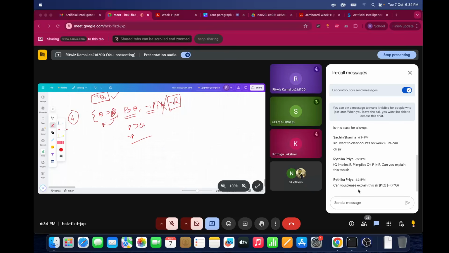Usually you would first substitute x with a. So first you will write P(a) implies Q(a), and then P(a) will be used in modus ponens to give us Q(a). So it's a two-step process, right? First is this one, second is this one.